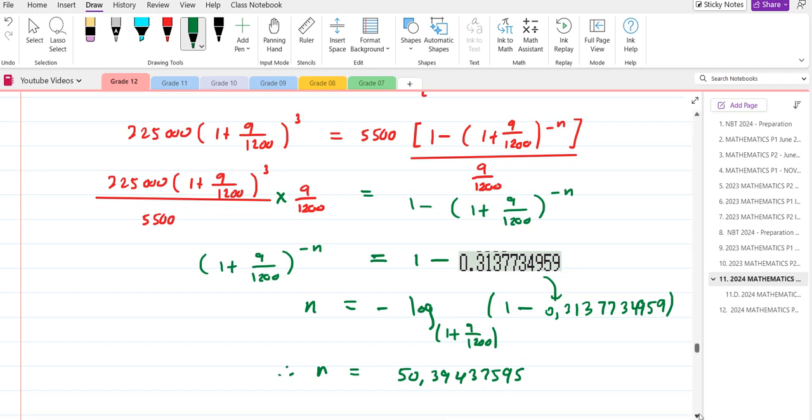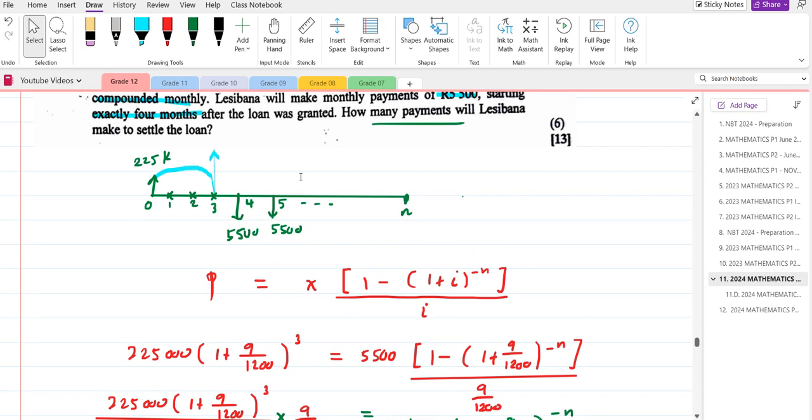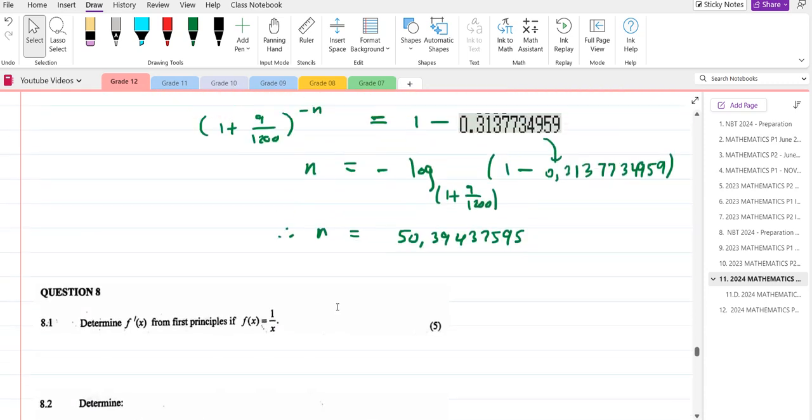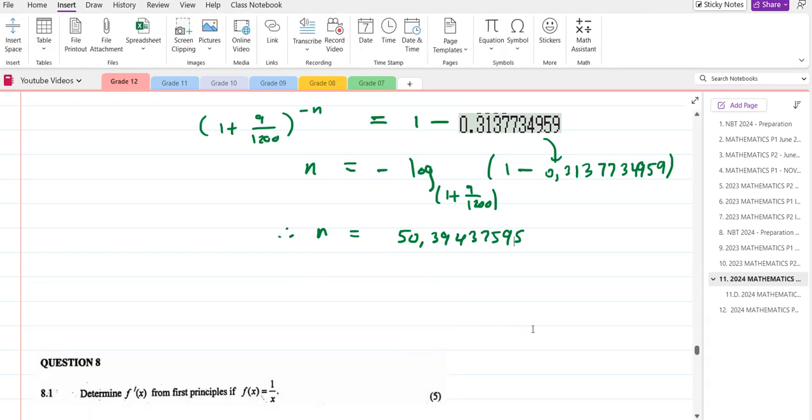Right, so what did they say? How many payments will Lesibana make to settle the loan? So you need to round up, right? So you need to say 51 payments.